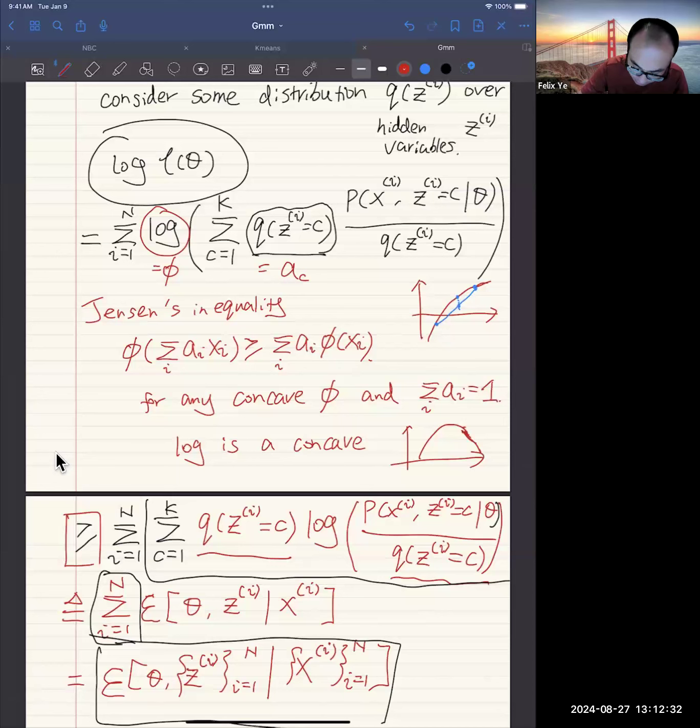If your log likelihood looks like this, there's potential that you can work with it. As long as you are working with latent variables or hidden variables, you can always use this argument to build EM algorithms.